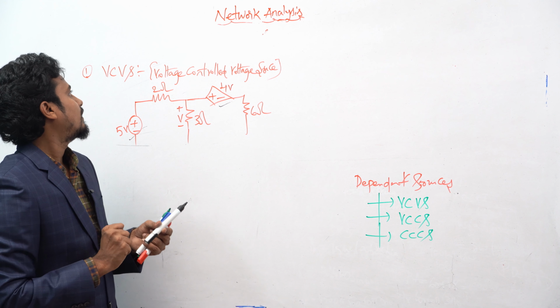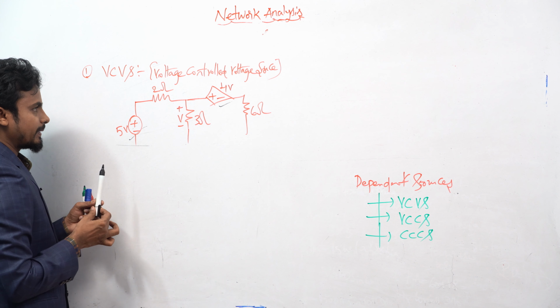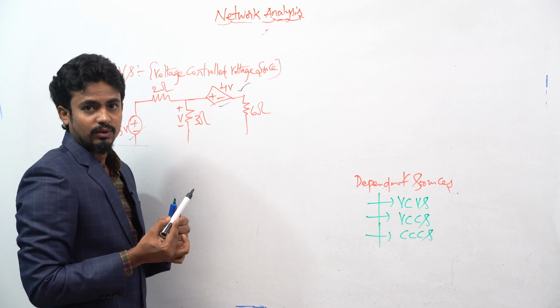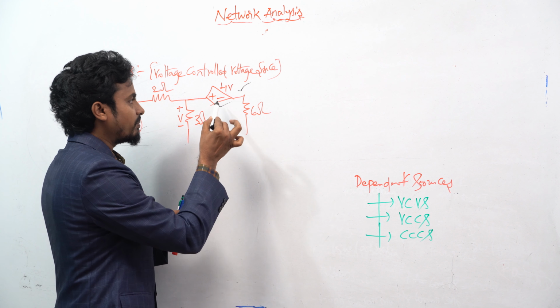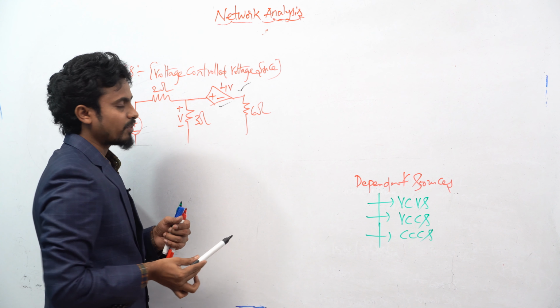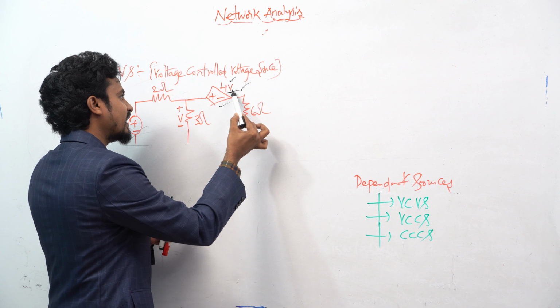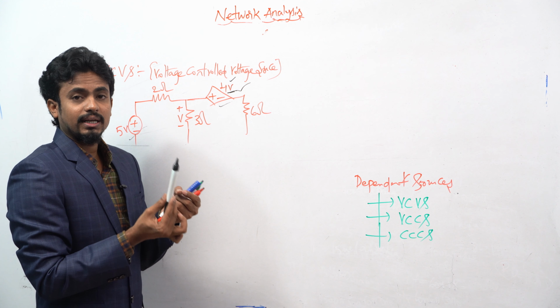Here you can see, whenever you have to solve this voltage controlled voltage source, this is my voltage source, right? Dependent voltage source. Whenever I put a diamond shape with plus minus inside, that becomes the dependent voltage source. Here I have given 4 volt. This V can be dependent on another quantity in the circuit.